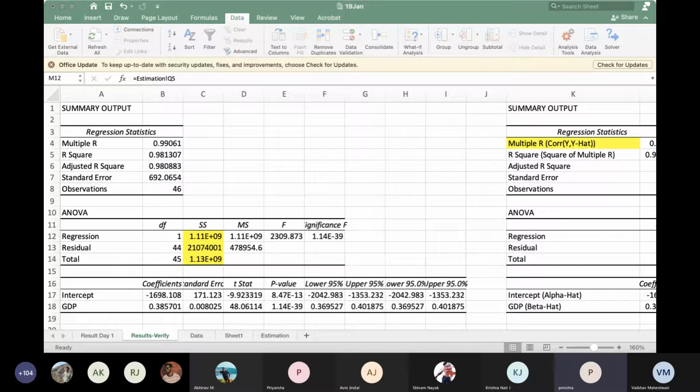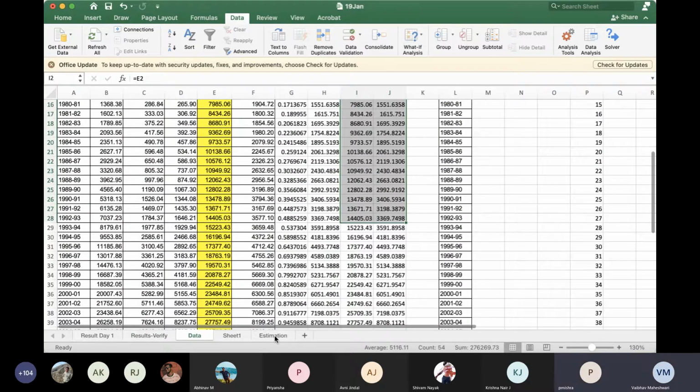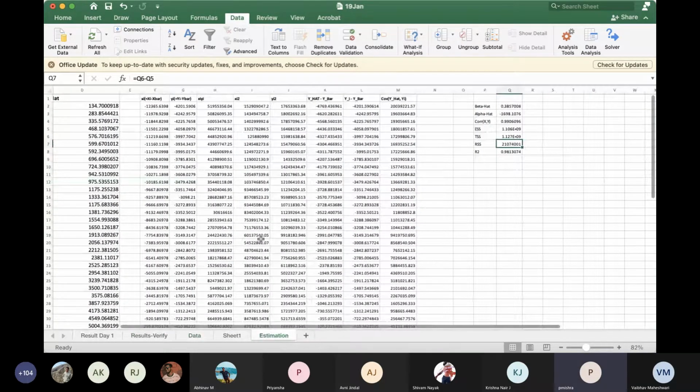I would suggest all of you just to follow this process whenever you get time. That will actually help you to apply the formula and link the results with what you have studied so far. Just try with a different data set on your own and see if you can replicate this result sheet manually.